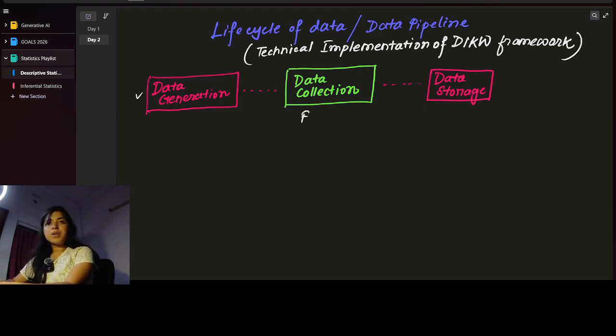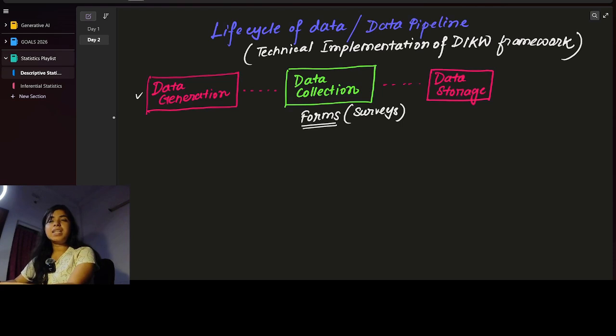We need some forms; whenever you sign in to some applications, data collection appears. You are filling some forms, and with the help of the forms, data collection is happening. If it is direct, it can be done through surveys.